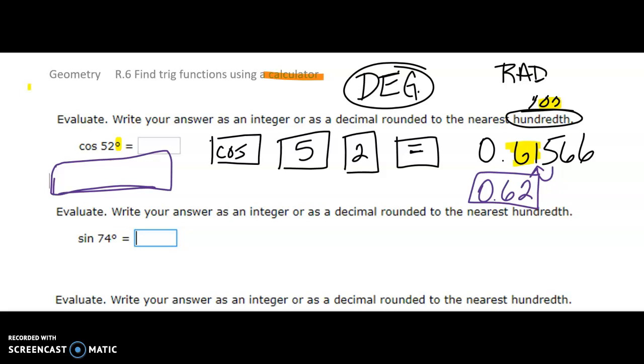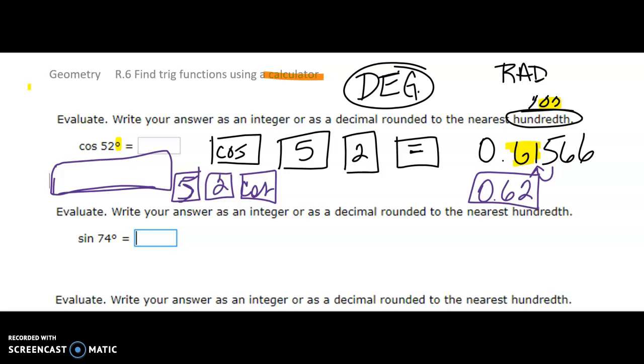Okay, this is called a backwards calculator. You're not going to put cosine 52 and then figure out what it is. If you are using a backwards calculator, you're going to do 52 and then hit cosine. And you don't even have to push equals. It automatically puts it in there, and then you would round that way.